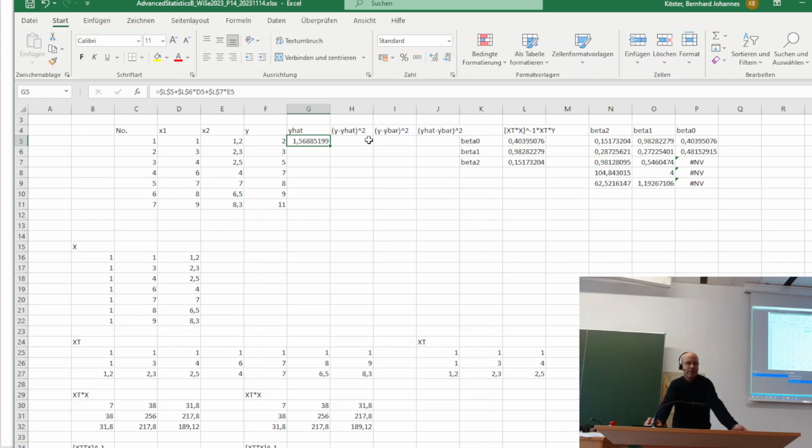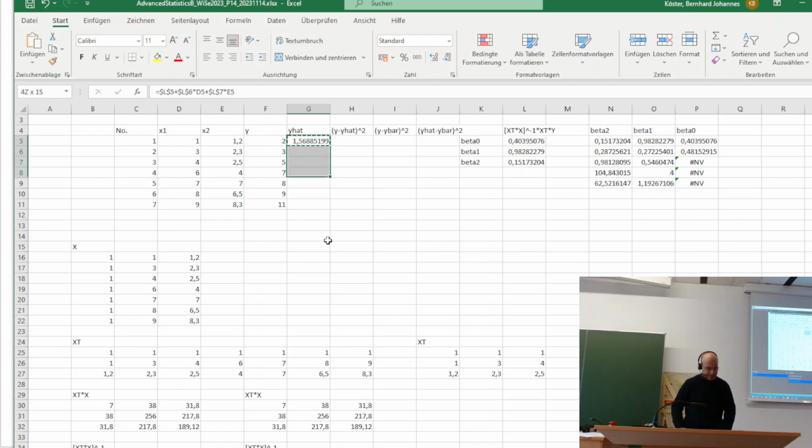Our real data point, we obtained a revenue of 2. And so we have this discrepancy between the empirical data point 2 and our theoretical data point 1.57. And this, you remember, in the simple linear regression is just the distance between the point itself and the corresponding point on the regression line.